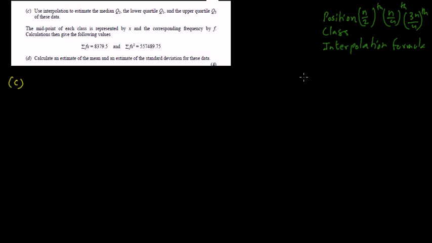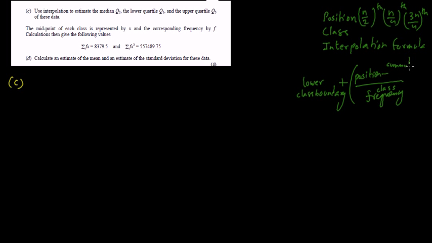Lower class boundary plus position divided by frequency of that class, let me call it class frequency, subtract cumulative. The word cumulative means total, so cumulative frequency.